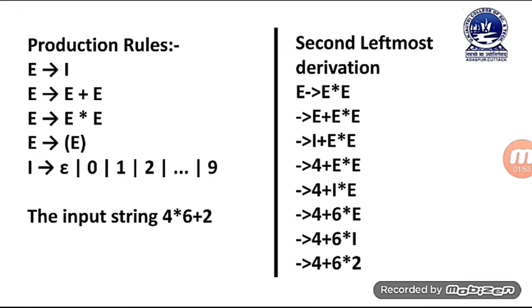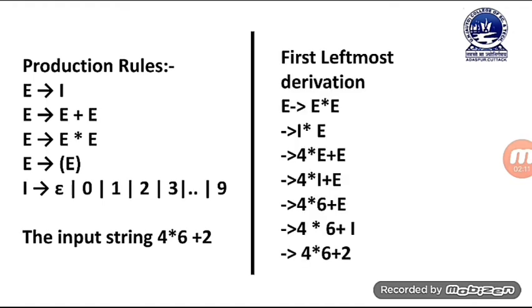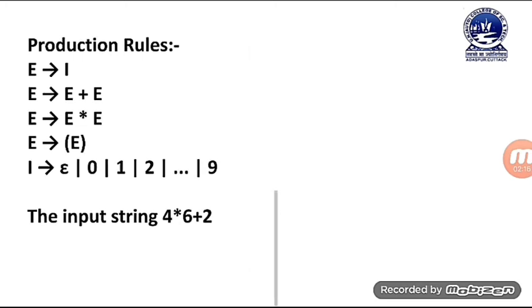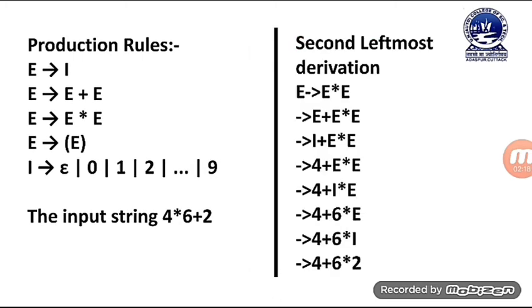Here I have used the same production rule, E implies E into E, the first time as in the previous example, but I have changed the derivation at the second step. In the previous example, at the second step we replaced E with I, but here we have used the production rule E plus E, so our derived string will be E plus E into E. This is the difference.